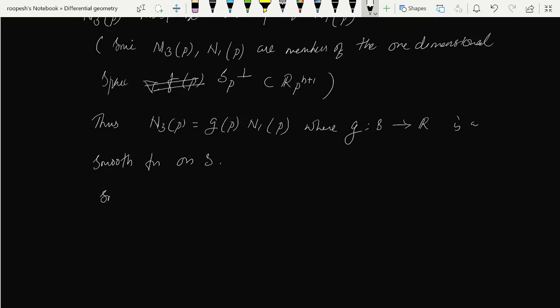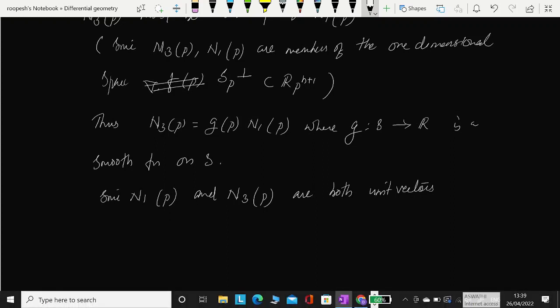Now since n1 of p and n3 of p are both unit vectors, what is the possibility of g? Plus or minus 1, right? Unit vectors.